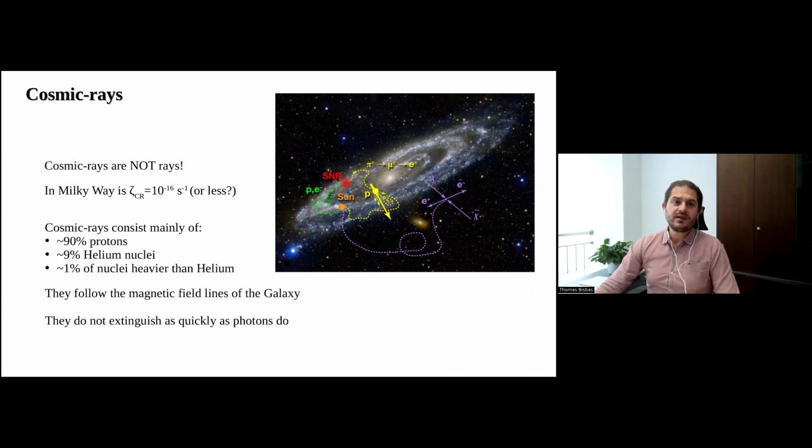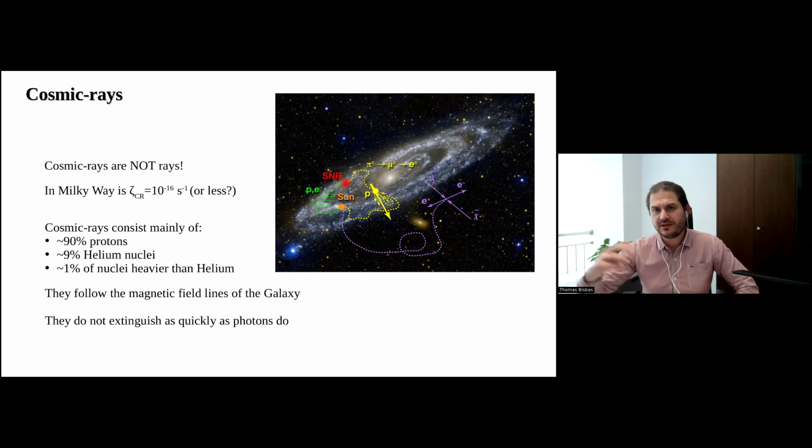We have also cosmic rays, where the term rays is kept only for historical reasons. It's not, of course, rays in terms of electromagnetic radiation, but rather charged particles, and these are mostly protons. Then we have some helium nuclei and nuclei heavier than helium. Because they are charged particles, they follow the magnetic field lines, so they travel in very different trajectories than photons.